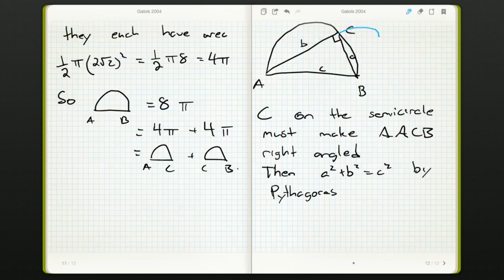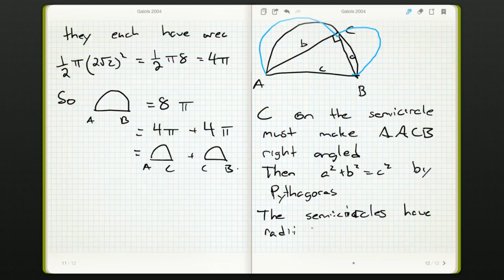If I were to draw semicircles, and I admit these are really terrible looking semicircles here. So the semicircles have radii. Okay, the big one has radius c by 2, because c is its diameter.